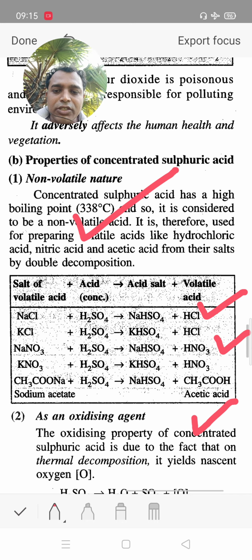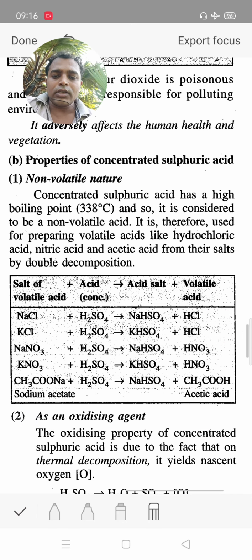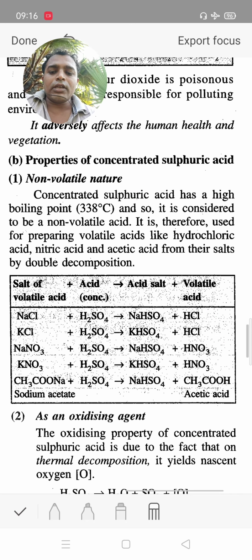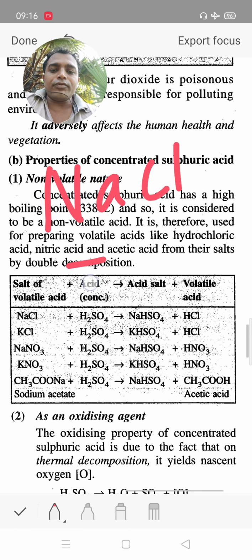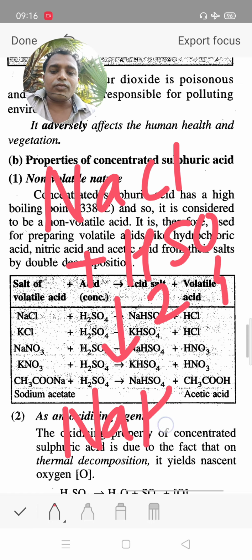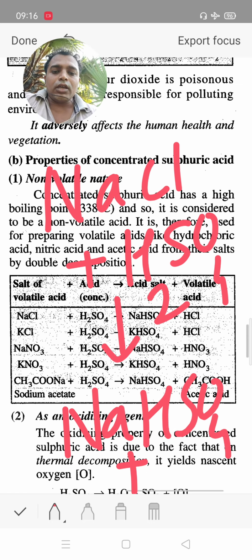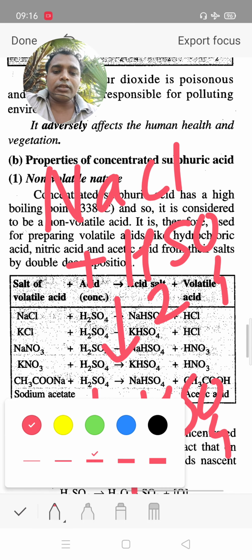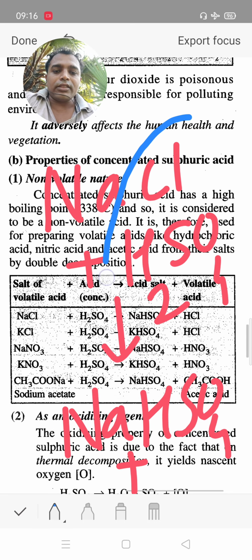Now the first reaction. Suppose NaCl, sodium chloride, reacts with sulfuric acid. It gives NaHSO4. In that, one hydrogen goes with Cl.